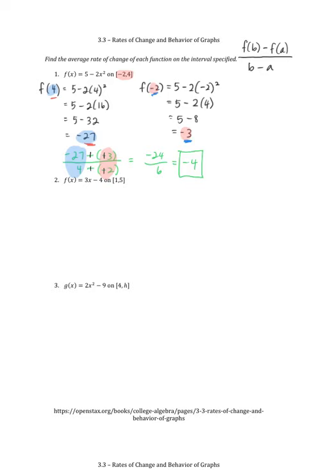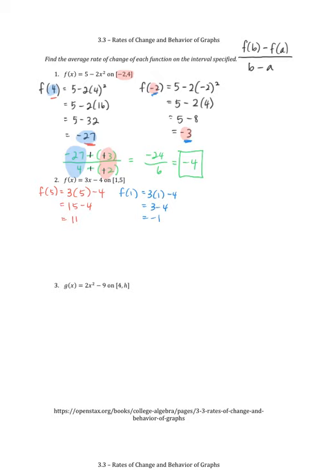All right, so let's try the next one, number 2. So we want to have f of 5 is equal to 3 times 5 minus 4, which is 15 minus 4, which is 11. And then we have f of 1 is going to be 3 times 1 minus 4, which is 3 minus 4, which is negative 1.